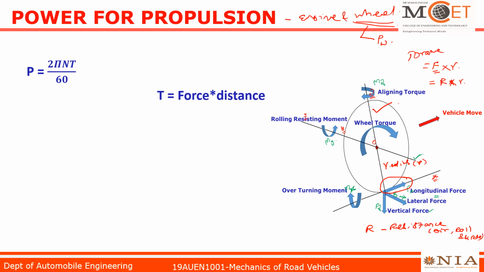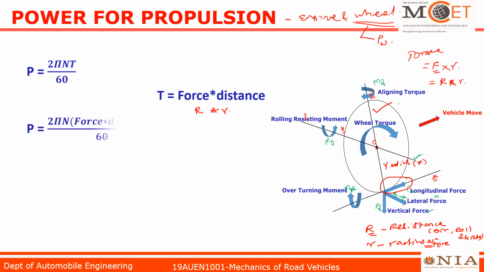These three resistances combined give the total resistance, that is equal to R. Small r indicates radius of tire. So here torque is equal to resistive force into rolling radius.